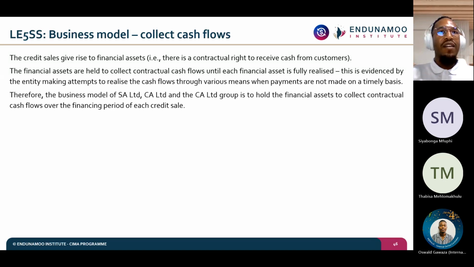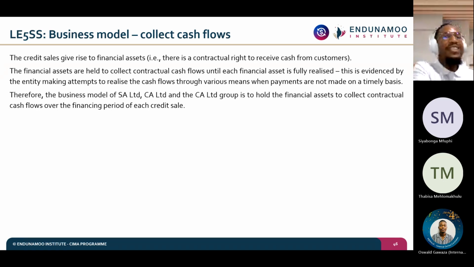Therefore, the business model of SA Limited, CA Limited, and the CA Limited Group is to hold the financial assets to collect contractual cash flows over the financing period of each credit sale. Because as soon as each credit sale is made, it is sold. The financial asset is sold to SA Limited.